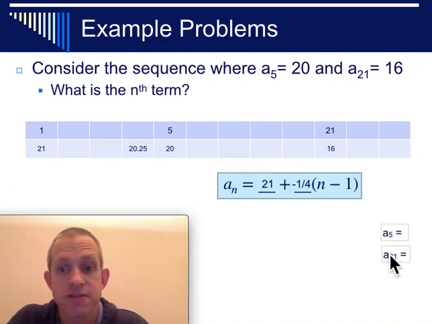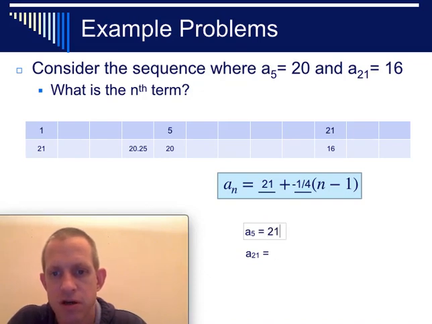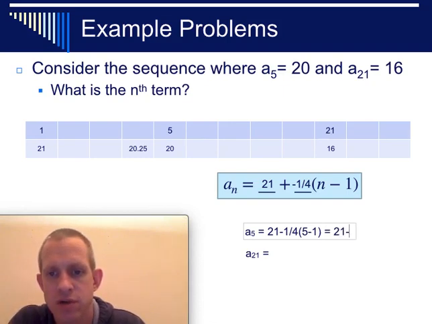So let's see if this formula is correct by taking a moment and plugging a 5 in for n and a 21 in for n and see if it gives us what we would expect. So if we put in a 5 for n, then 5 minus 1 is 4. And 1/4 of 4 is 1, and so we've got 21 minus 1, which does in fact give us a 20.